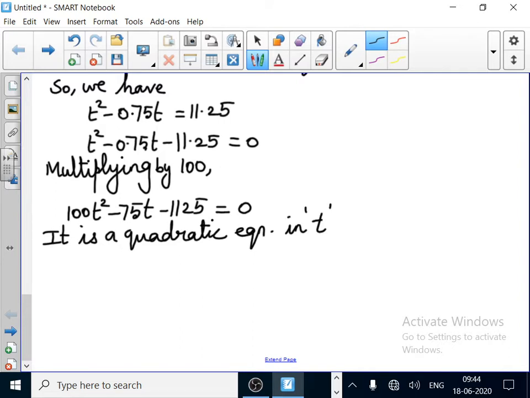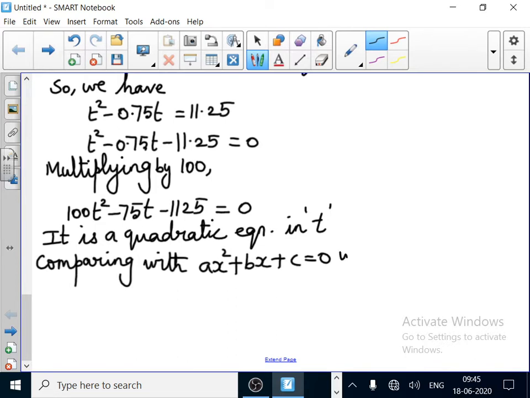Comparing with ax² plus bx plus c equal to 0, we get a equal to 100, b equal to minus 75, c equal to minus 1125.